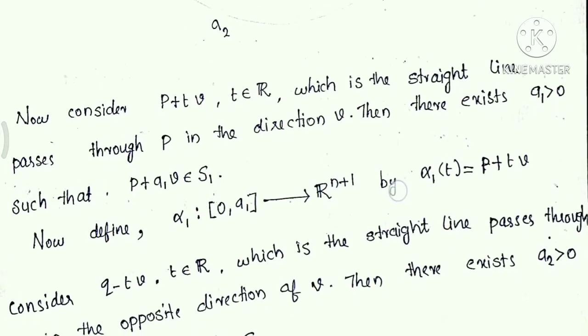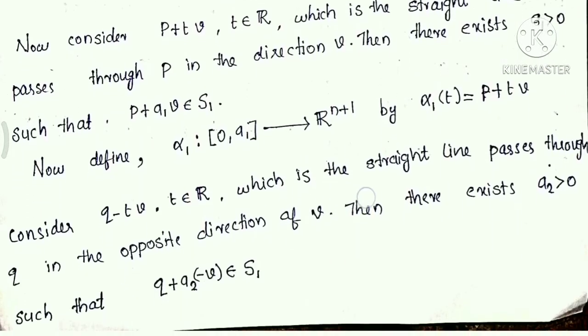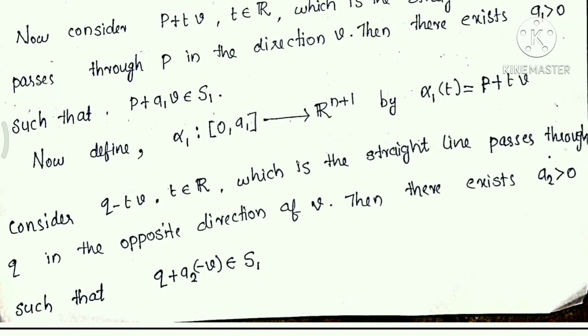Next, consider Q minus TV where T belongs to R, which is also a straight line.